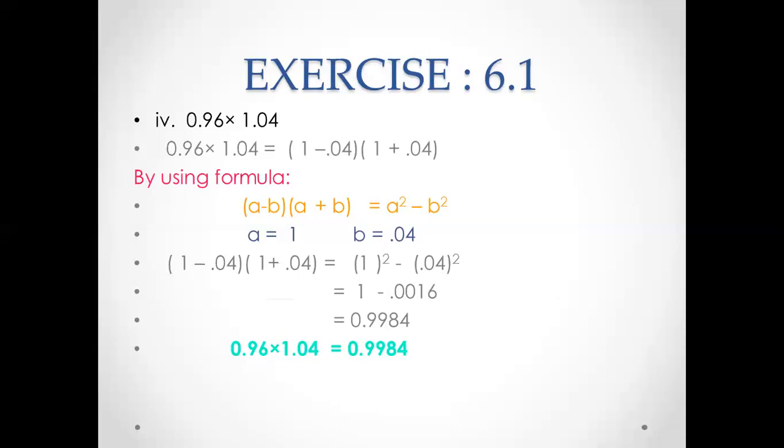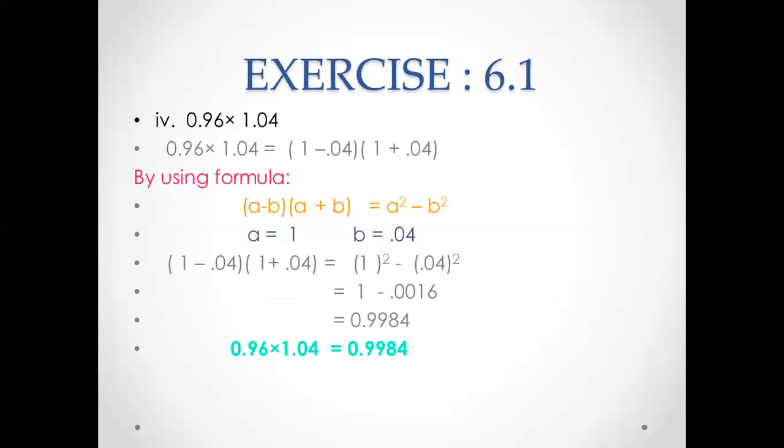And students, when you are taking the square of 0.04, you see on your calculator screen the answer is 1.6 multiplied by 10 raised to the power minus 3. 10 raised to the power minus 3 means after the decimal you will write two zeros and then 16, so 0.0016.